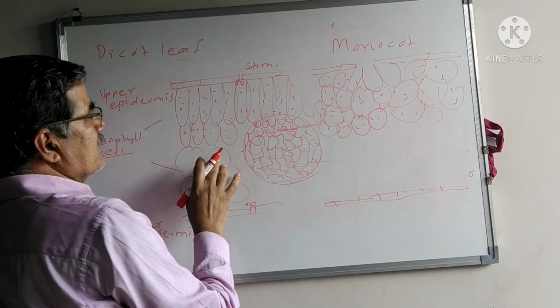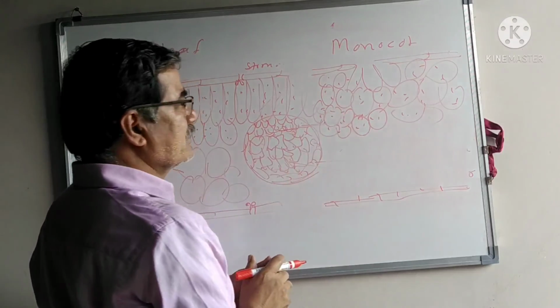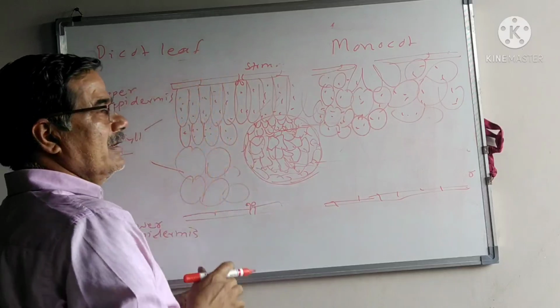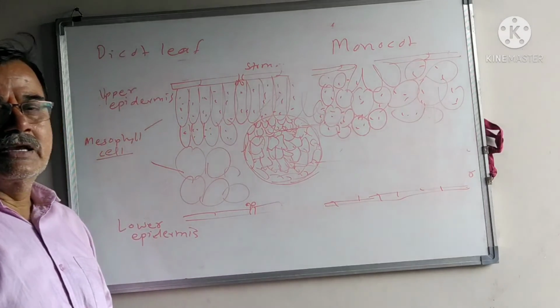There is no endodermis and the vascular bundles are open. Therefore, the leaf does not show secondary structure.